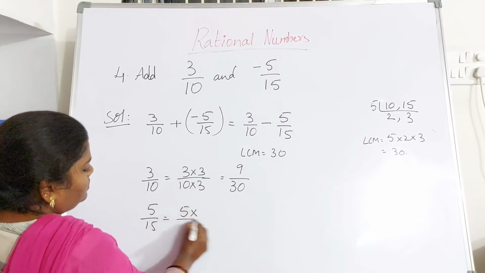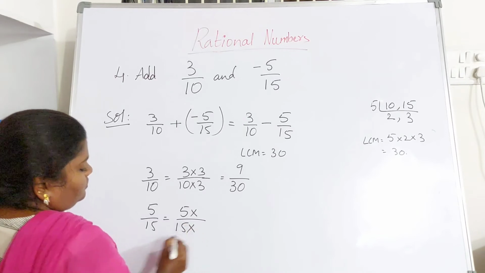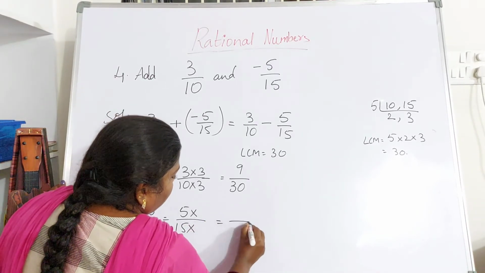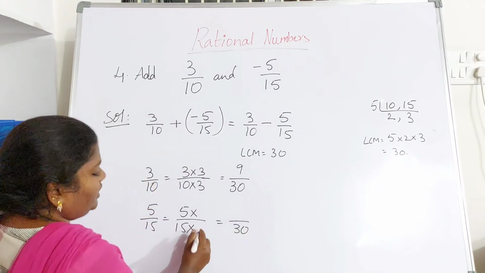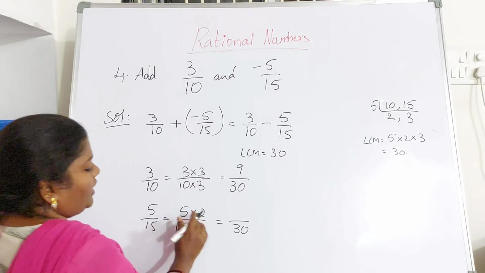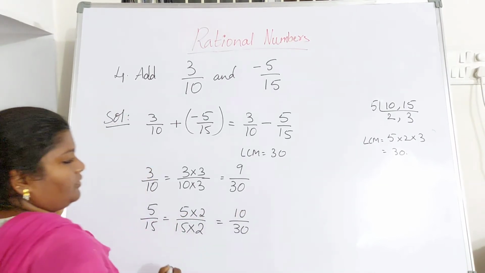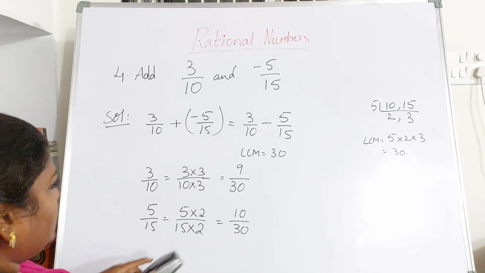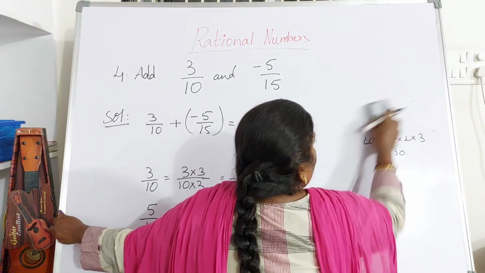Now 15 into how much gives you 30? Now 15 2s is 30. So the same 2 is multiplied in the numerator. 5 2s is 10. Now both the denominators are similar.